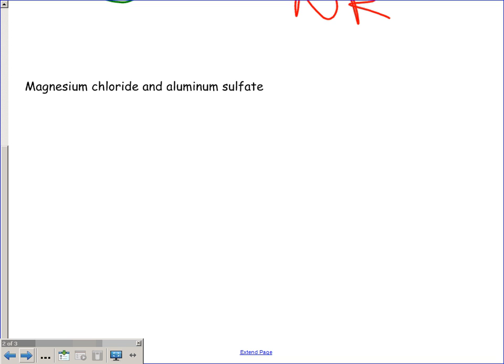All right, we can work one more, and then I think we will be done. Just want to make sure. Let's work this one, but let's change magnesium to calcium. All right, so calcium chloride, Ca plus 2 and Cl negative 1, is going to form CaCl2 plus aluminum sulfate.